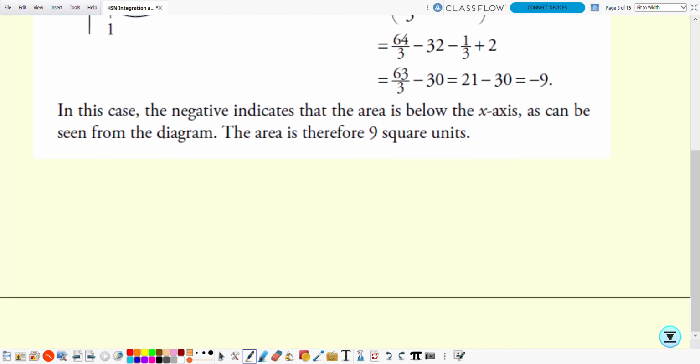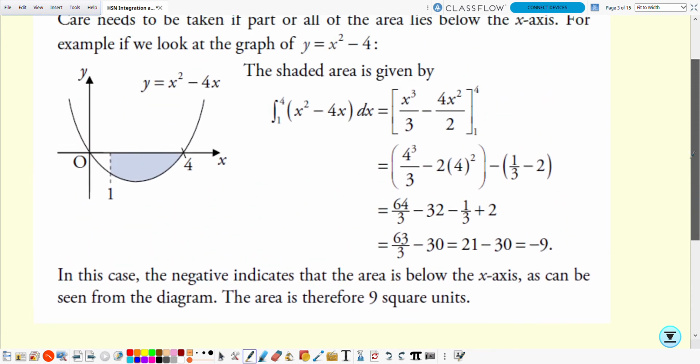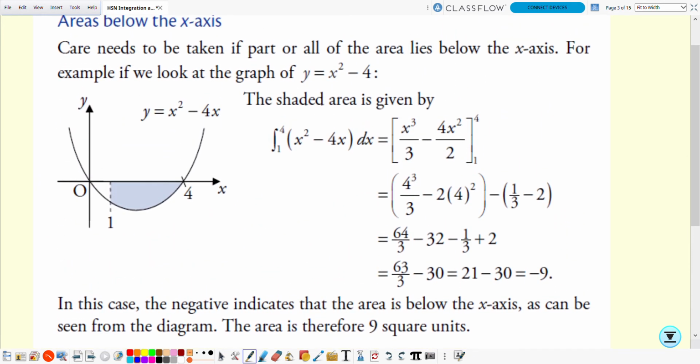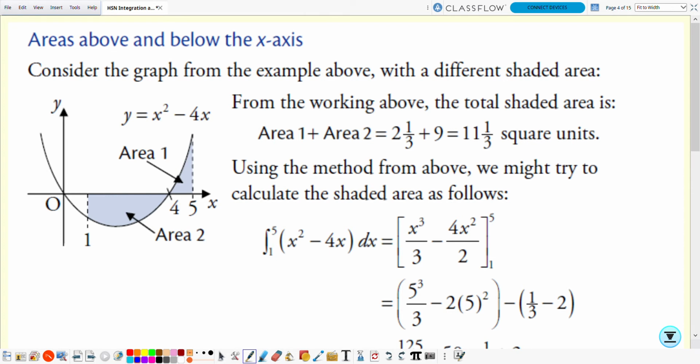So the key thing with this is to be aware that if you are working out a definite integral and you get a negative in this way, then it may be indicating that your area is below the x-axis. So what happens, though, if you're considering a wider spread of values?